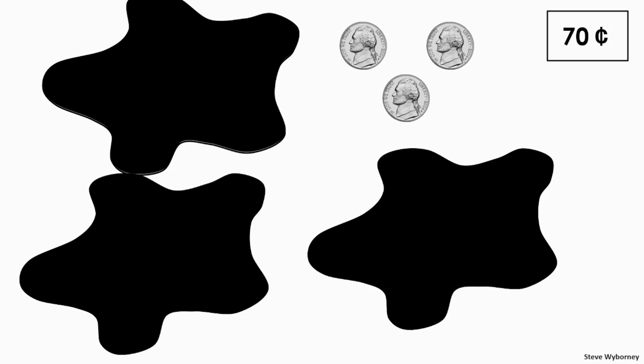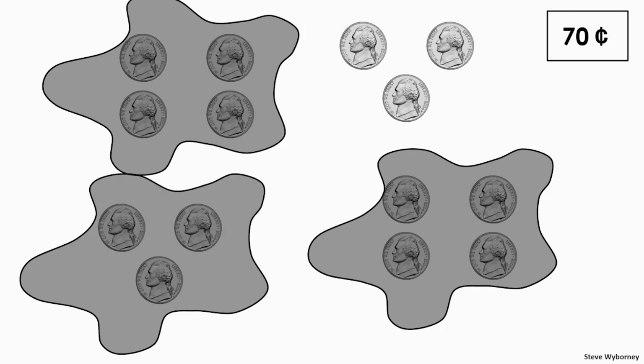And if nickels are 5 cents, 5, 10, 15, 20, 25, 30, 35, 40, 45, 50, 55. I think 11 nickels are under the mat. 14 nickels minus the 3 nickels I see, 11 nickels. Let's find out. Wow.